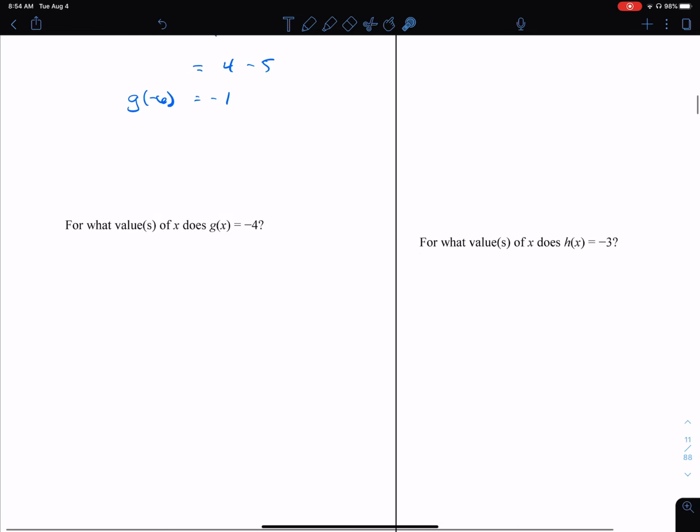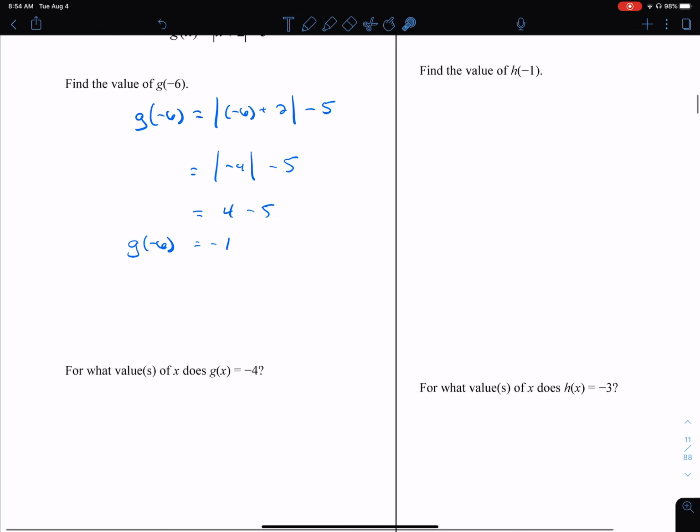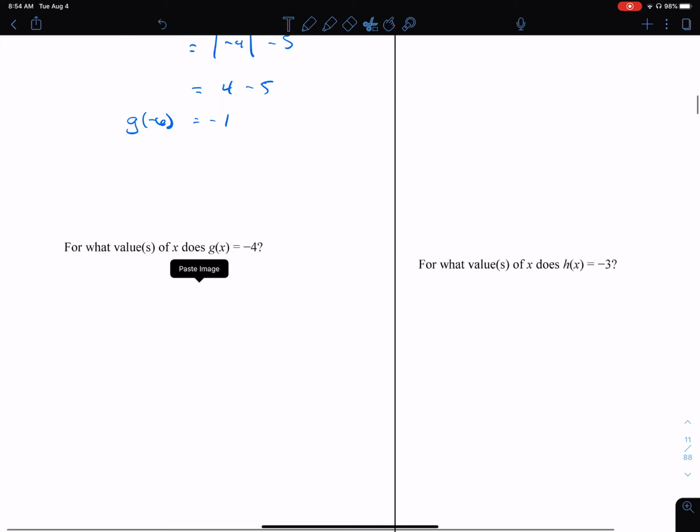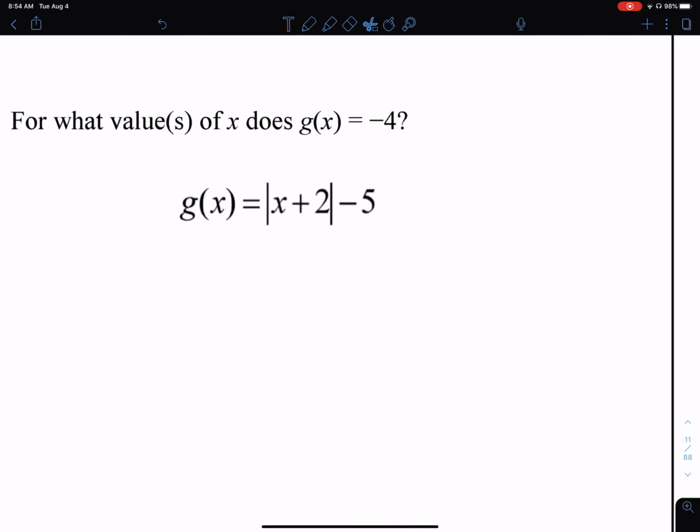For what value of x does g of x equal -4? Let me just copy this down real quick. So in this case, we are replacing g of x with -4, and we are solving this for x.